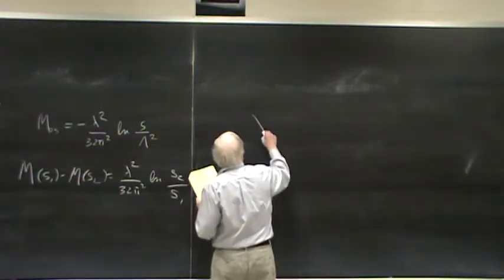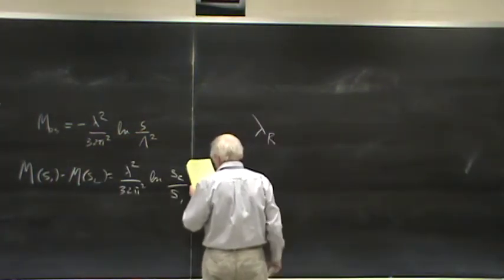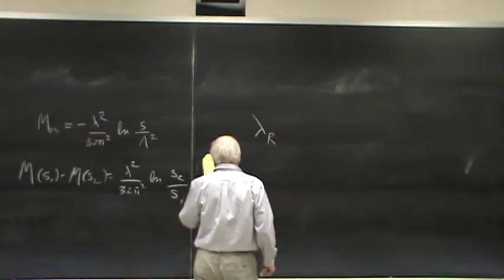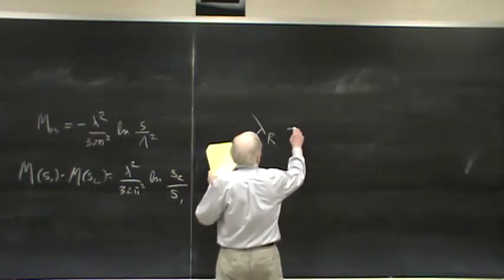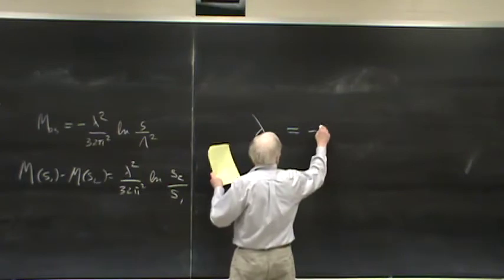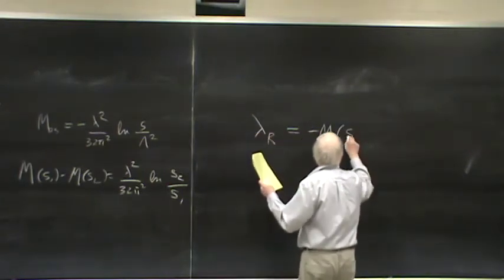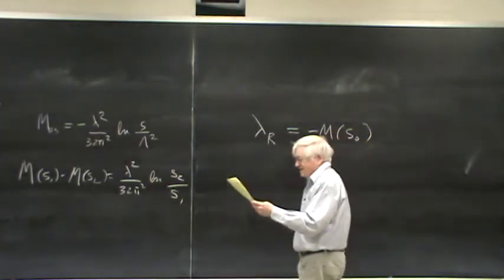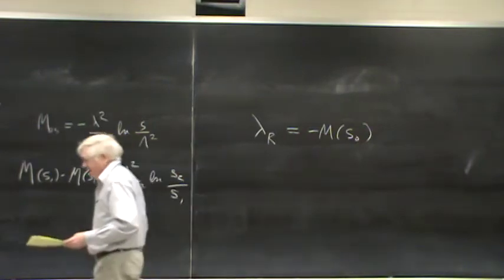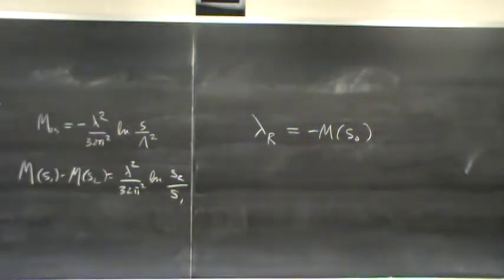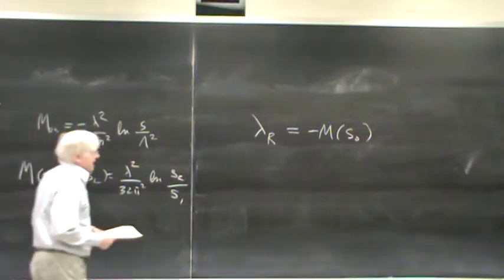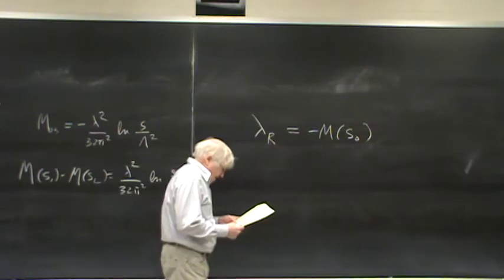So the idea is we define lambda r as minus the amplitude at some particular energy squared, S0.